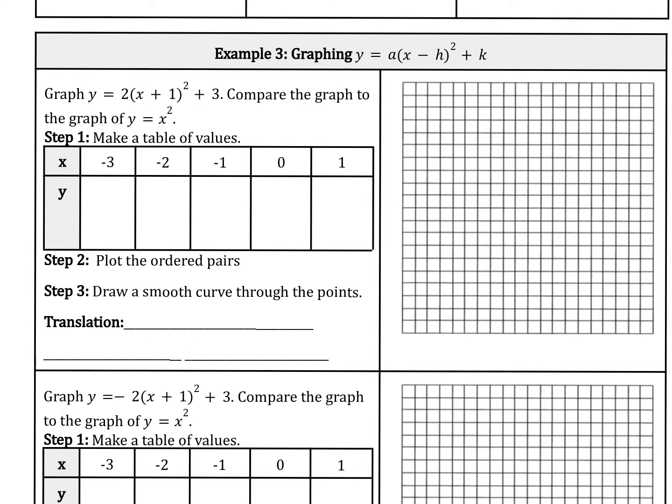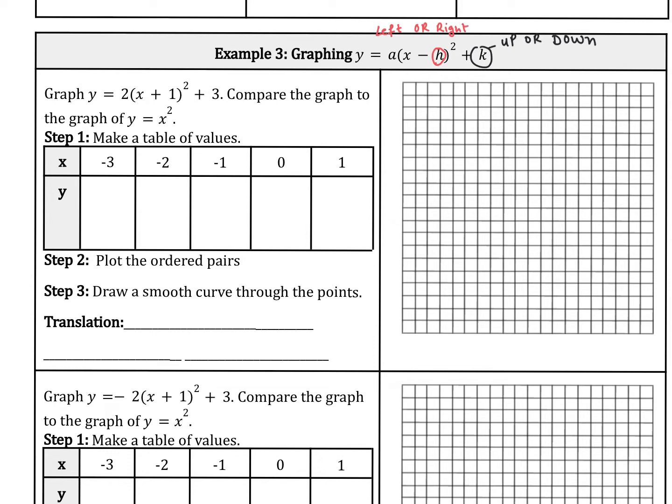So chapter 8.4e, example 3, graphing y equals a(x minus h) squared plus k. K is used to move the graph up or down, and h is used to move the graph left or right.